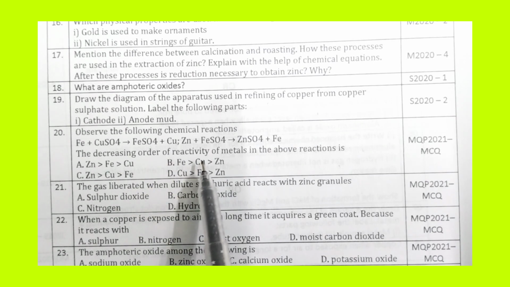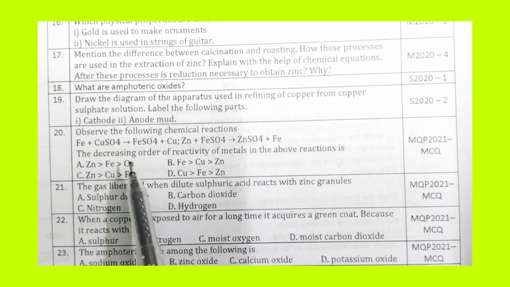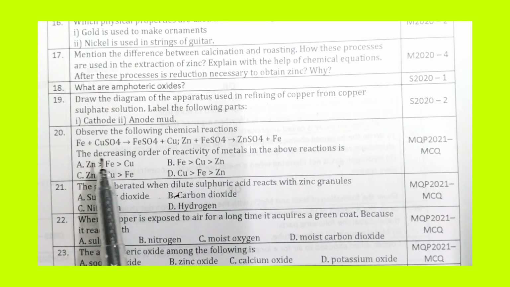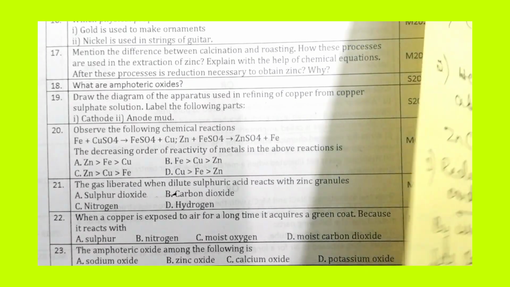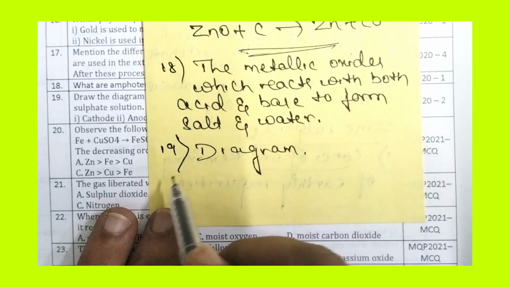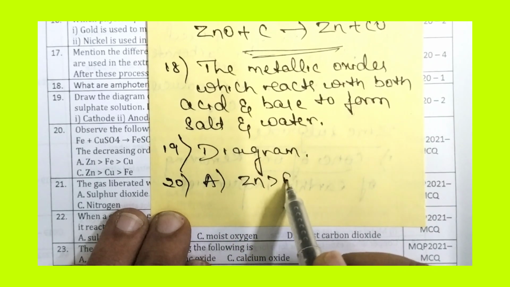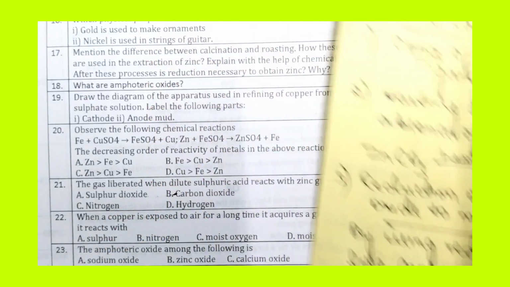The decreasing order of reactivity of metals in the above reactions. So the metal with higher reactivity we write first. So zinc should be first, then iron, then copper. So the right answer is option A: zinc is more reactive than iron and iron is more reactive than copper.